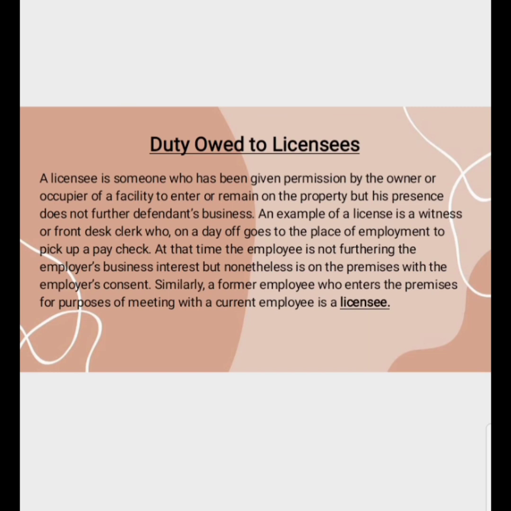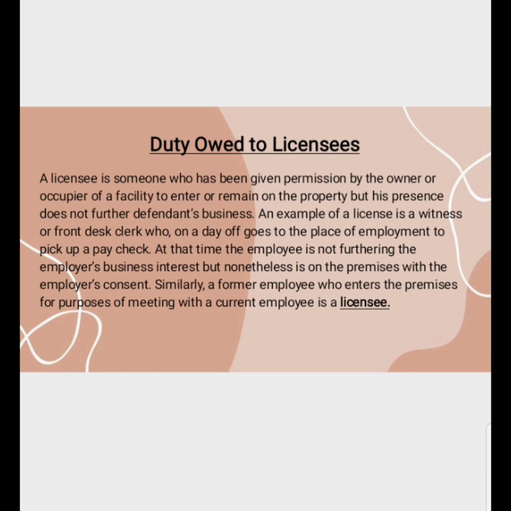Duty owed to licensees. A licensee is someone who has been given permission by the owner or occupier of a facility to enter or remain on the property, but his presence does not further the defendant's business. An example of a licensee is a waiter or front desk clerk who, on a day off, goes to the place of employment to pick up a paycheck.